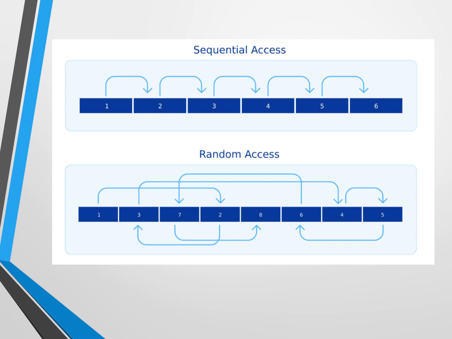Okay, so sequential access is beneficial when the data that needs to be retrieved is small, right? Because what if your data is in the sixth position, you still have to go through 1 2 3 4 5 and then the 6, so it will take time, right? Random access is another way of accessing this information.